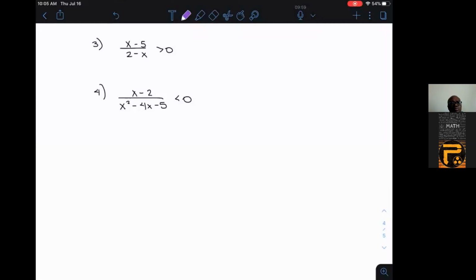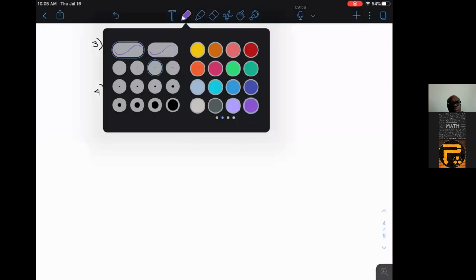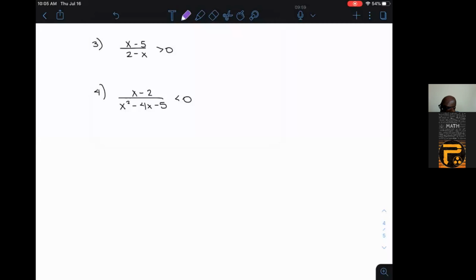So from here, you found that your x-intercepts were x equal to -1 and your other x-intercept was x equal to 5. And then your vertical asymptote, remember, oh, sorry, this was your vertical asymptote.